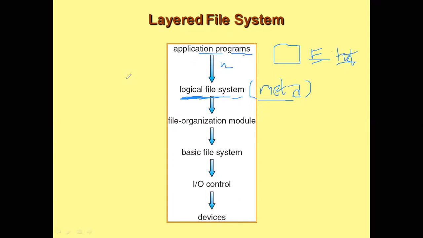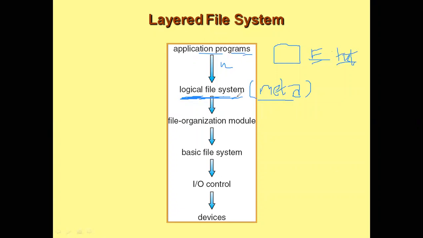The logical file system consists of the information of the logical disk blocks. You know that the disk is divided into blocks and we fetch the file in terms of blocks, right? So the logical file system consists of the logical addresses of the blocks where the file resides.